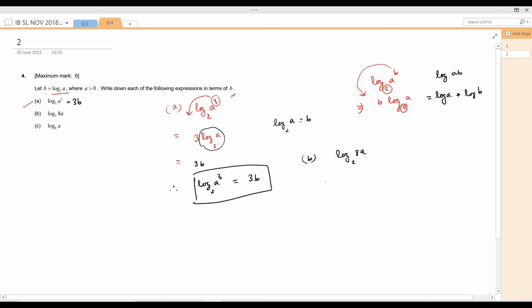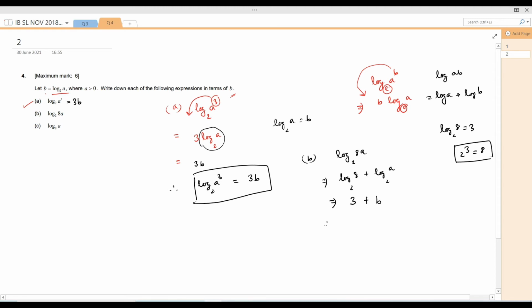So from here we can write log base 2 of 8 plus log base 2 of a. Now the value of log base 2 of 8 equals 3, because 2 to the power 3 equals 8. So this value is 3, plus again this value is given here, b equals log base 2 of a. So this value will be b.